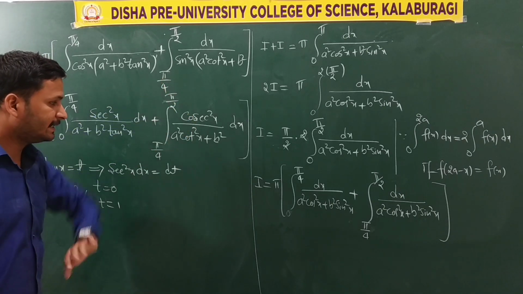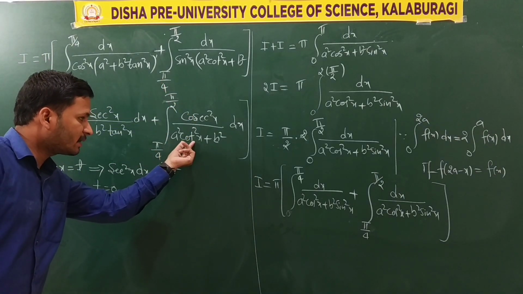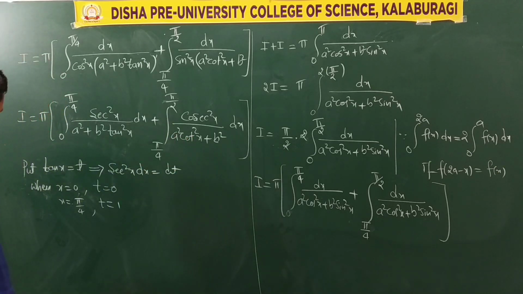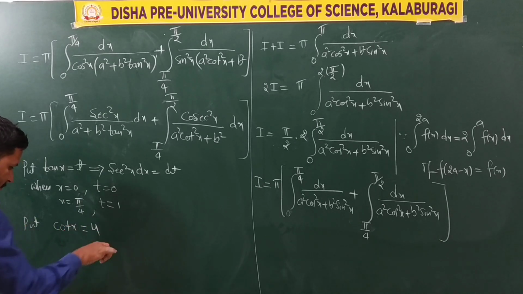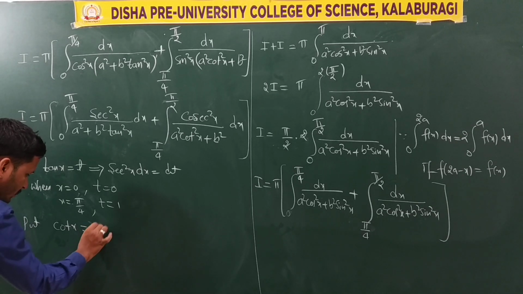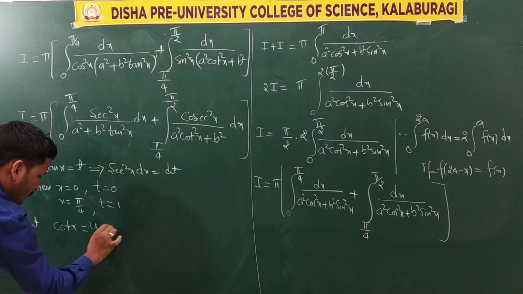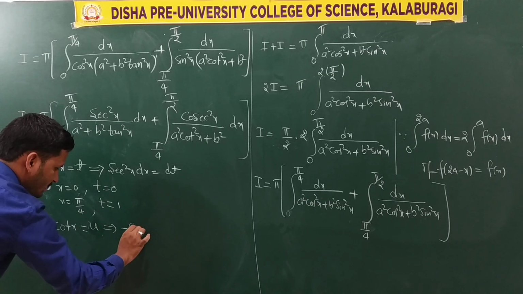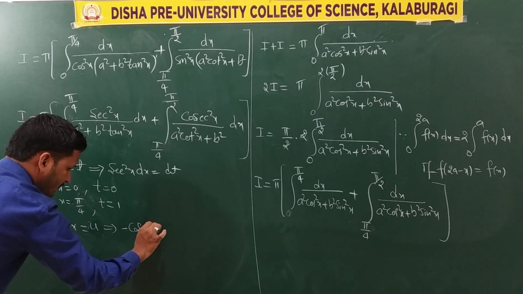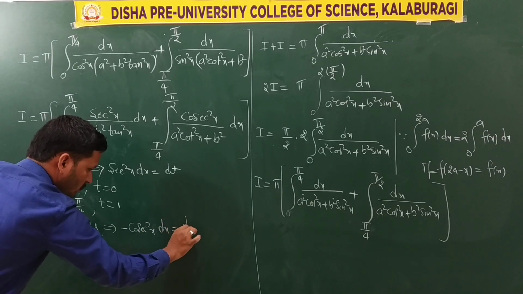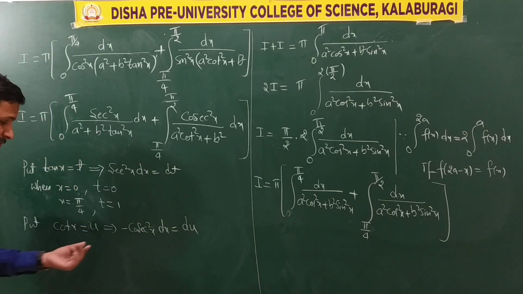Next, for the second integral, put cot x equals some variable u. Now the derivative of cot x gives minus cosecant square x into dx equals du.